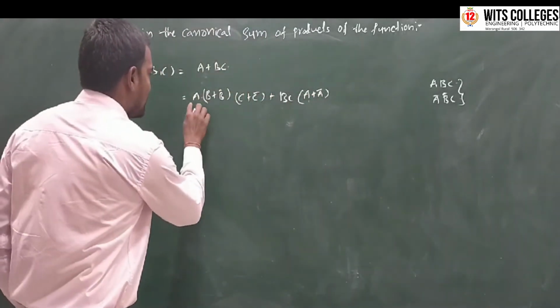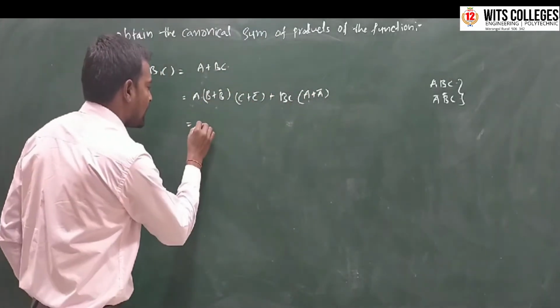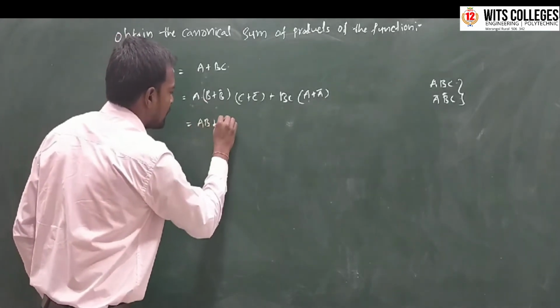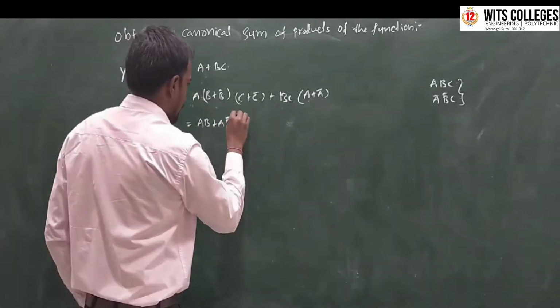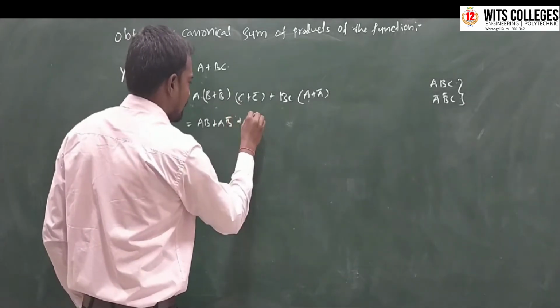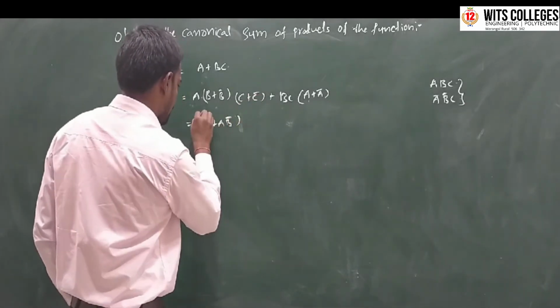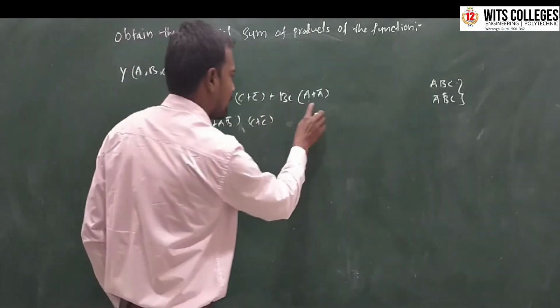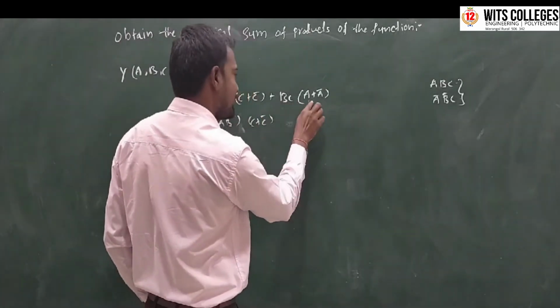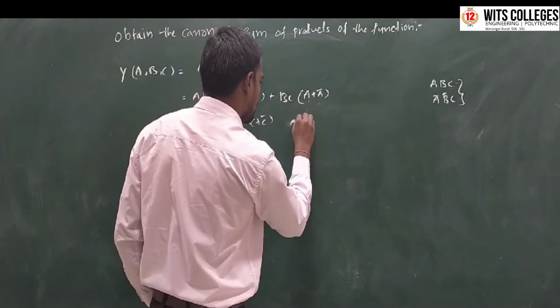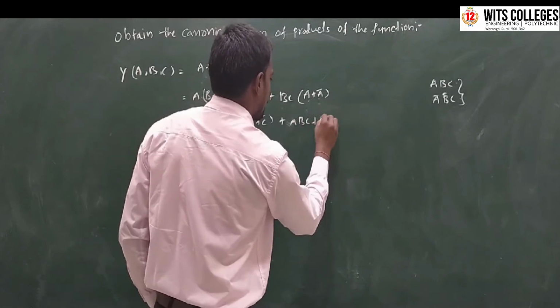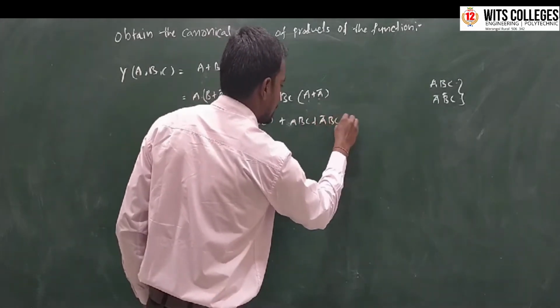Okay, so multiplying with each other, we will get A into B, that is AB, plus A into B bar, AB bar, plus, and we have C plus C bar here. Coming to this term, we will get BC into A, that is ABC, plus A bar into BC.